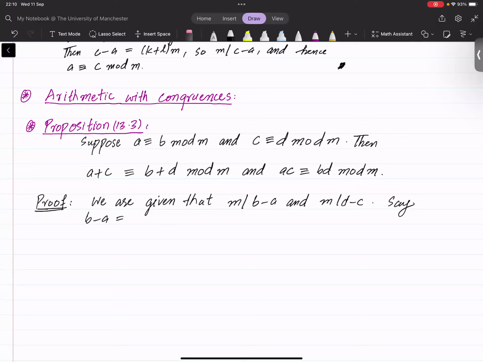This proposition says that suppose a is congruent to b modulo m and c is congruent to d modulo m, then a plus c is congruent to b plus d modulo m, and a multiplied by c is congruent to b multiplied by d modulo m. Okay, and we can prove this.